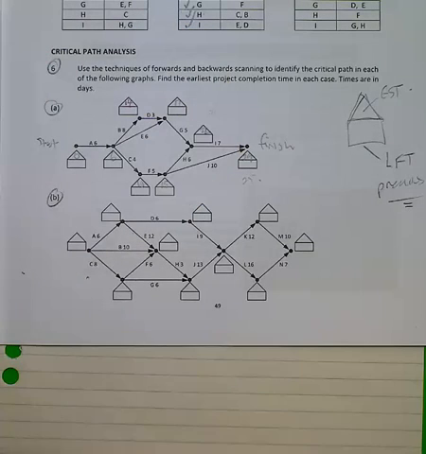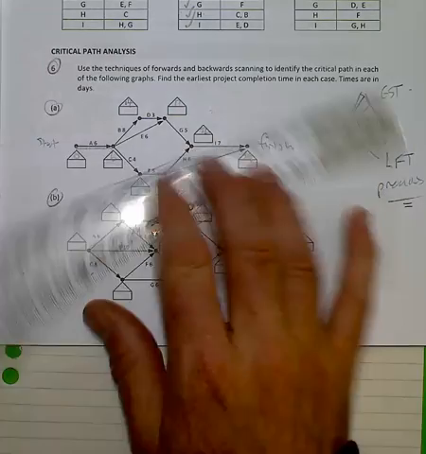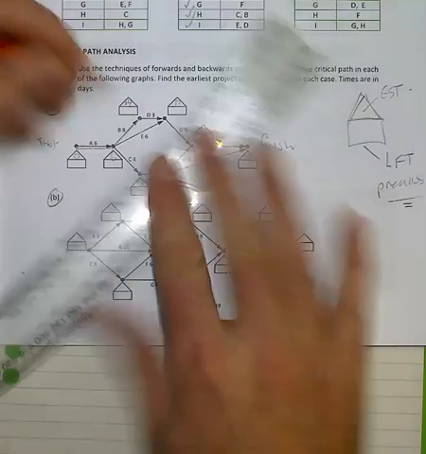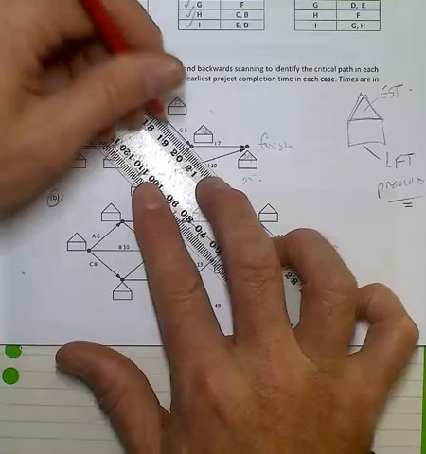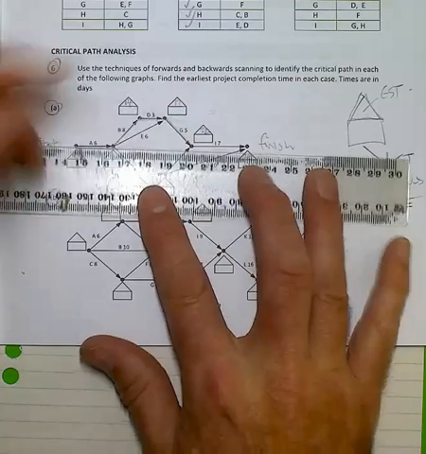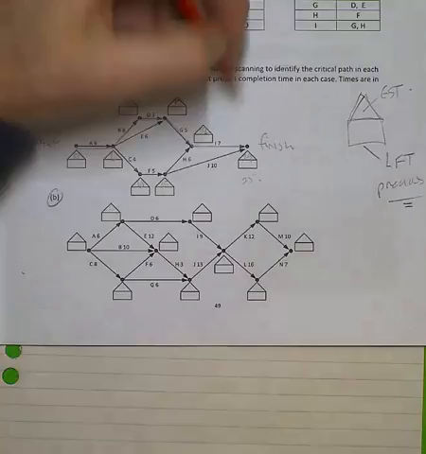So you can see, I hope, pretty quickly that this top arc is my critical path. So these are the activities that combine together to give me my critical path and my project completion time.